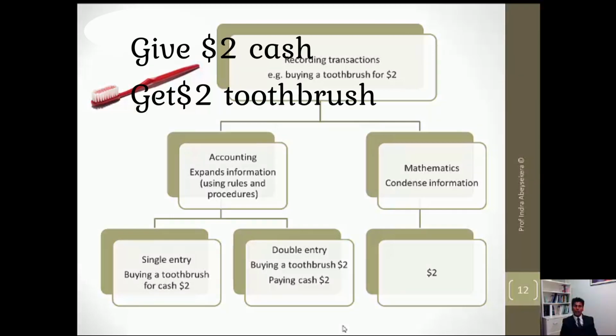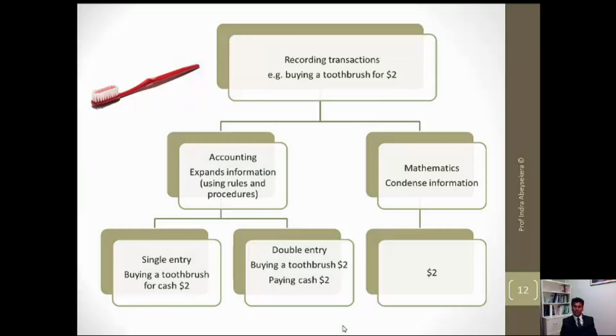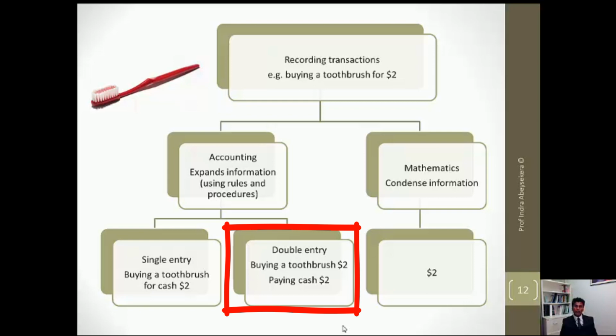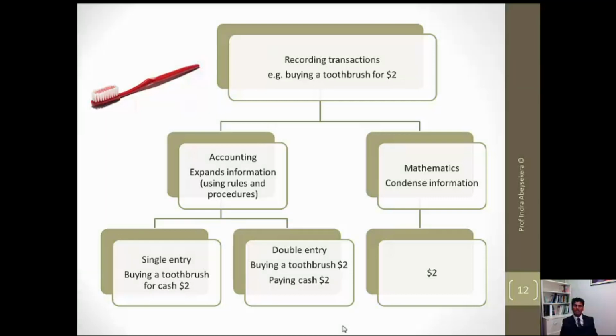Or we can say we got a toothbrush, shown separately as $2, and we pay $2 cash for it, also shown separately. That's called double entry recording. In accounting, we follow double entry recording because it provides far more information than single entry recording or mathematics.